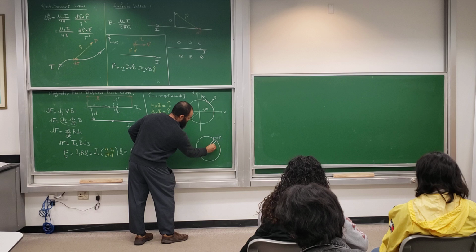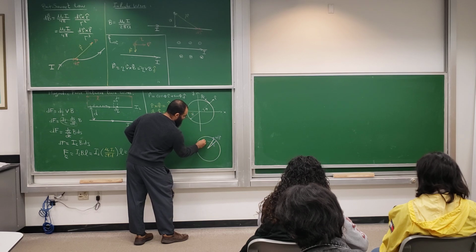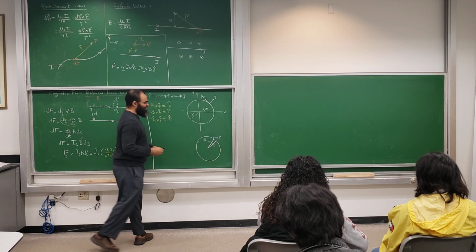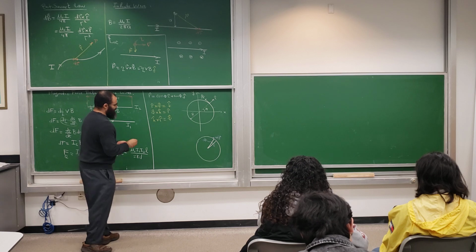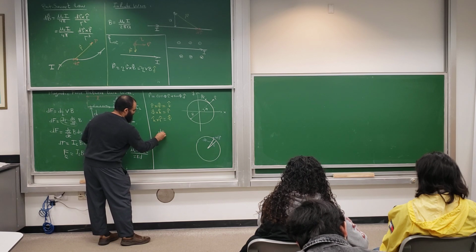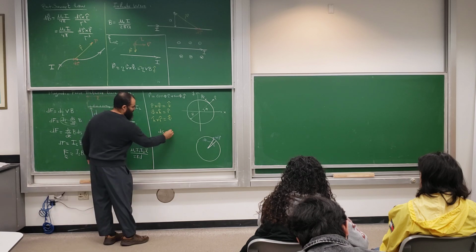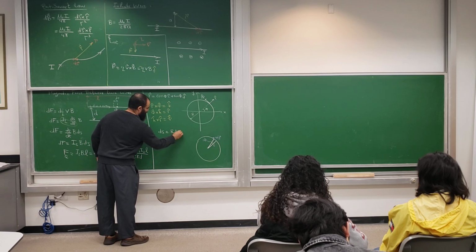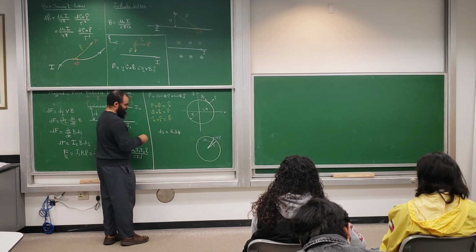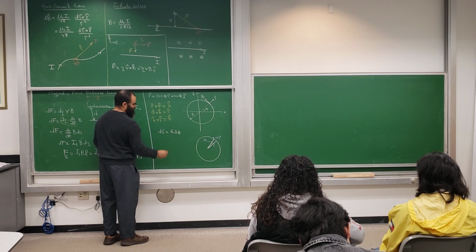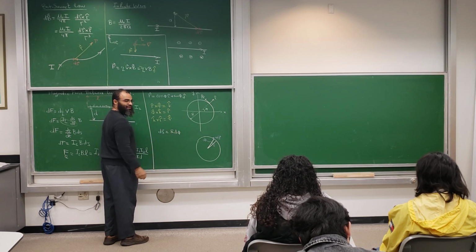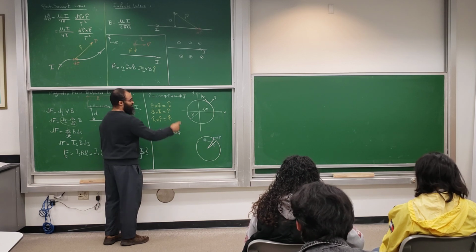This is r, and this is d phi. So what's the relationship between ds and d phi? Just the magnitude. Good. r d phi. In what direction now is ds? Tangent, so, yeah, phi hat.